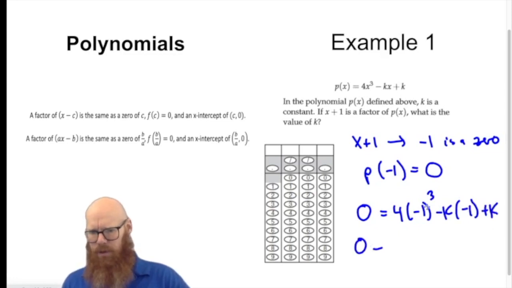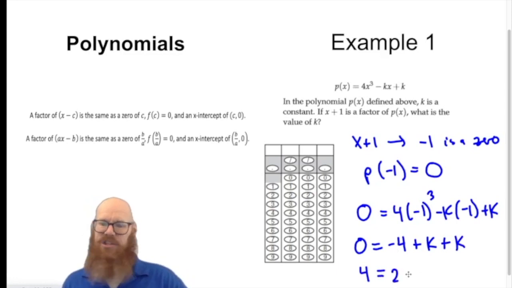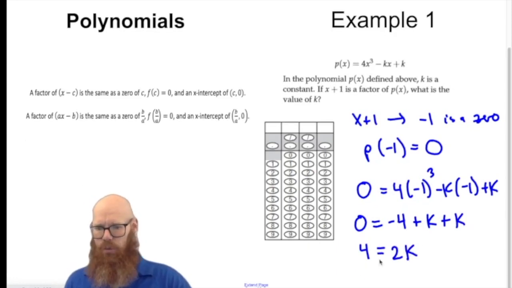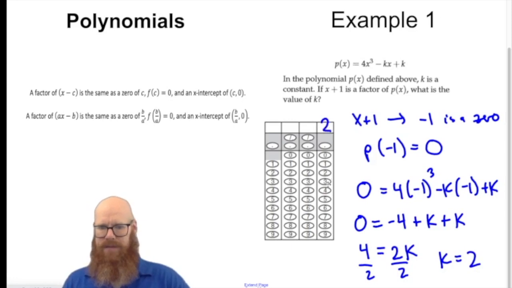That means 0 equals -1 cubed, which is -1, times 4 is -4, minus k times -1 is plus k, plus another k. Adding the 4 to the other side, 4 equals k plus k, which is 2k. Dividing each side by 2, k equals 2. So that's the value of k.